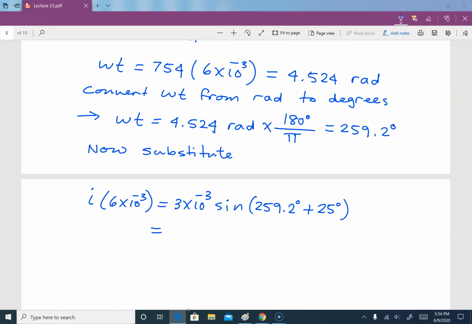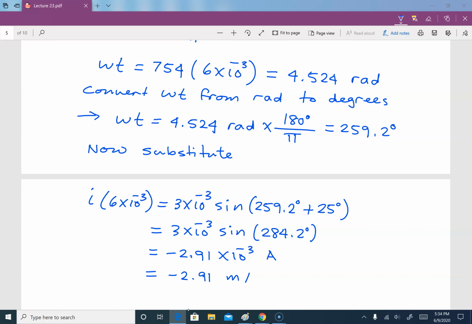And that is equal to 3 times 10 to negative 3 sine of 284.2 degrees, which is equal to negative 2.91 times 10 to negative 3 ampere, or simply negative 2.91 milliampere.